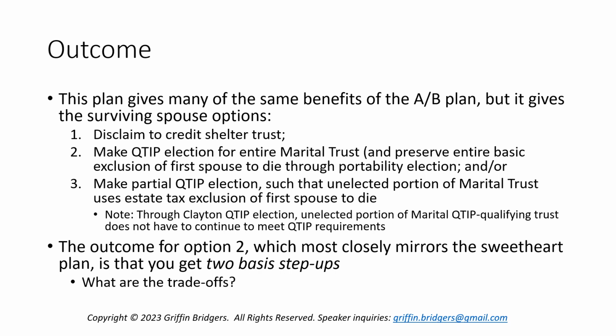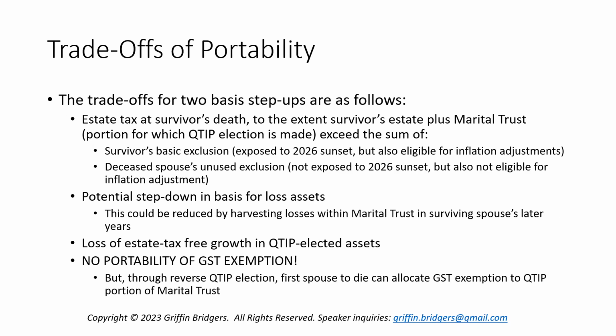So most often at the top of the bell curve, where you get the best benefit here, is with option 2, which will most closely mirror the Sweetheart plan in that we get 2 basis step-ups. So what are the trade-offs for our 2 basis step-ups in option 2, if that's the full or partial outcome? Well, there's a few of them that we should know.